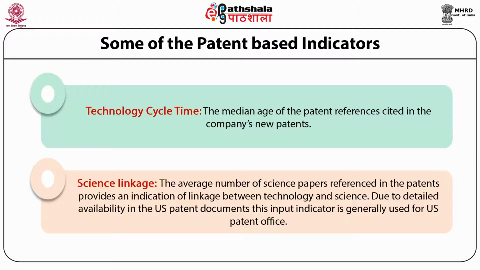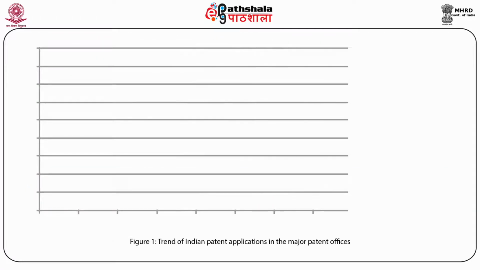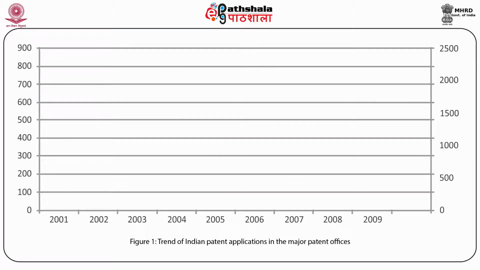And in your patent portfolio, if we see that the science linkages are very high, we would be arguing that your patents are in areas which are emerging and cutting edge. This indicator, however, is difficult to capture except in the US Patent Office, where it is given much more explicitly.